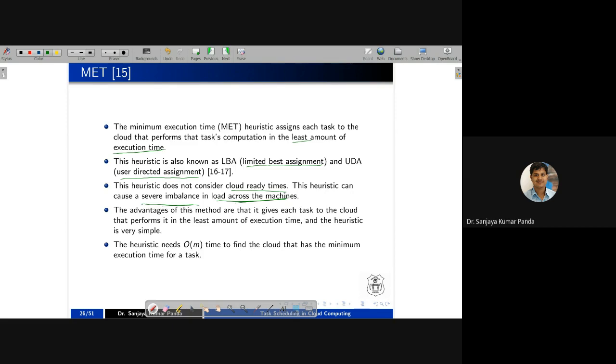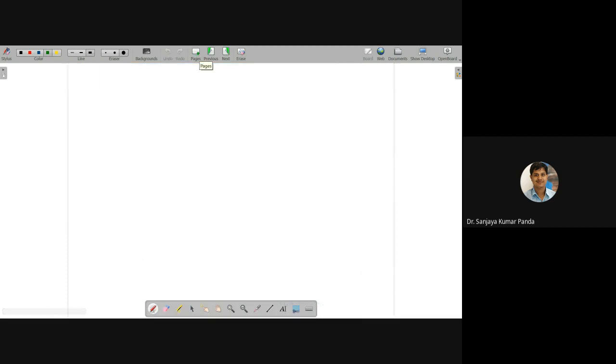Okay, so let us see one example so that it will be more clear. For example, if I take 4 different clouds, C1, C2, C3, C4, assume that the cloud ready time is initially 0. We'll consider an example with all ready times 0, and then another example where we consider the cloud ready time, so that you can distinguish these two.